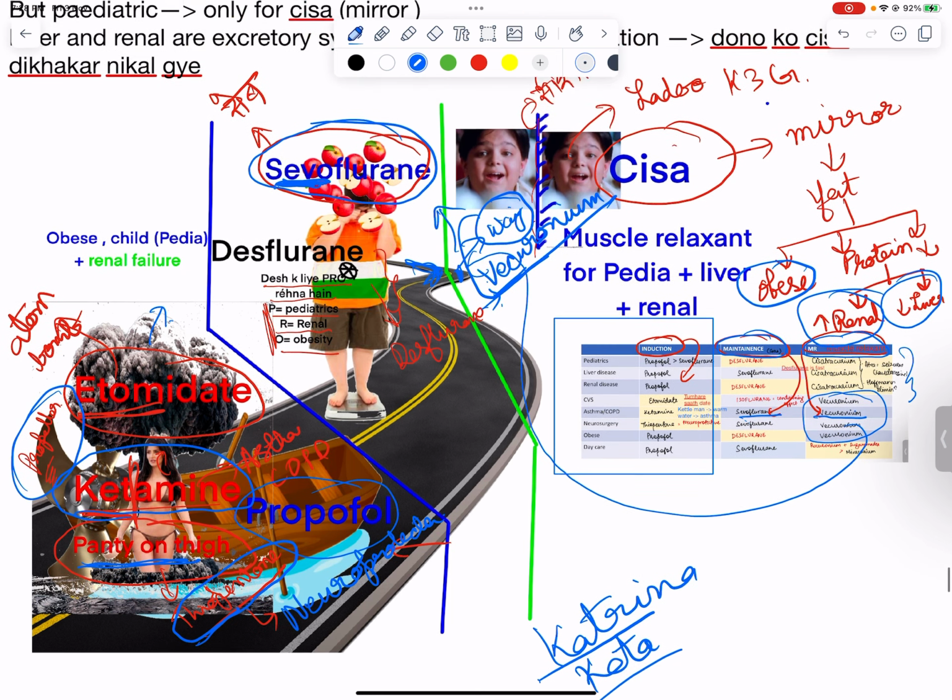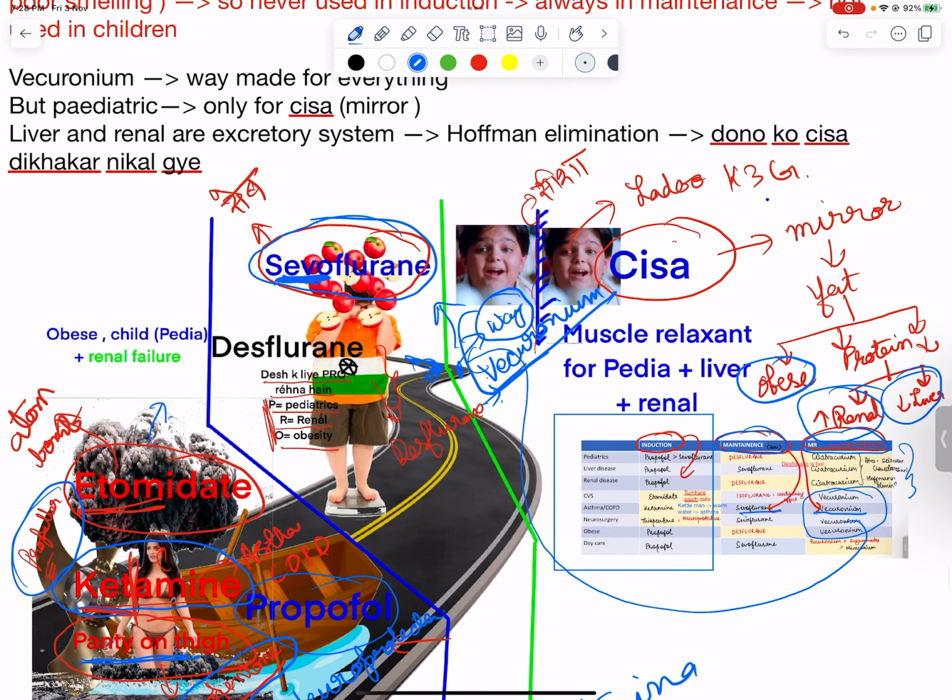Now let us move on to the second, that is the maintenance phase. In the maintenance phase you have to remember that sevoflurane is the default, and for the country we have to remain pro, that is, for our country we have to remain pro. So what does pro represent? For pediatrics, renal and obesity we use desflurane.